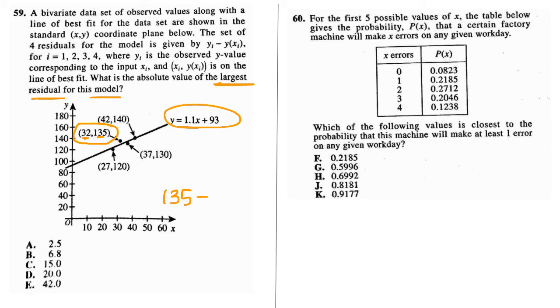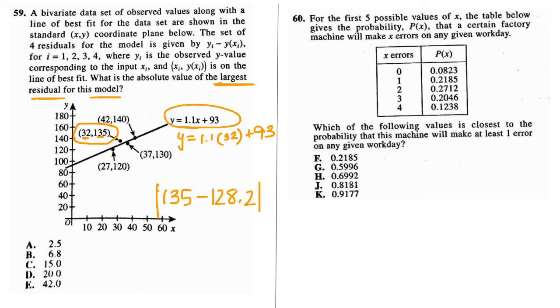It's almost like you're looking for a margin of error. So we're going to say minus, and we want to make sure this stays positive. What's the Y value that I get when I plug in 32? I'm going to have 1.1 times 32 plus 93. And when you type that in your calculator, you're going to get 128.2.